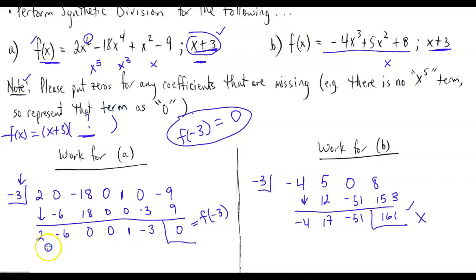Our quotient is going to be x to the 5, x to the 4, x to the 3, x to the 2, x to the 1, and x to the 0, or a constant term. So this question mark is actually 2x to the 5th minus 6x to the 4th plus x minus 3. That is what this something else would be.